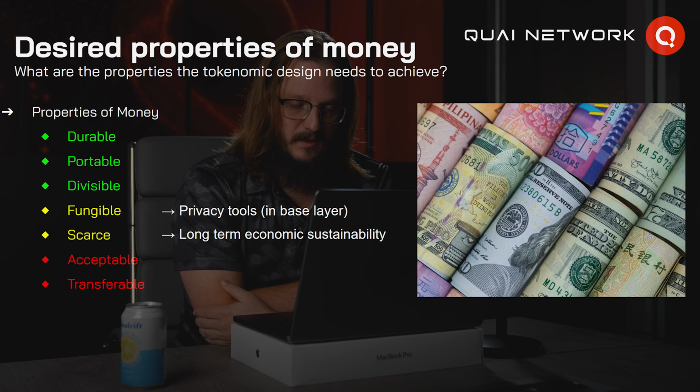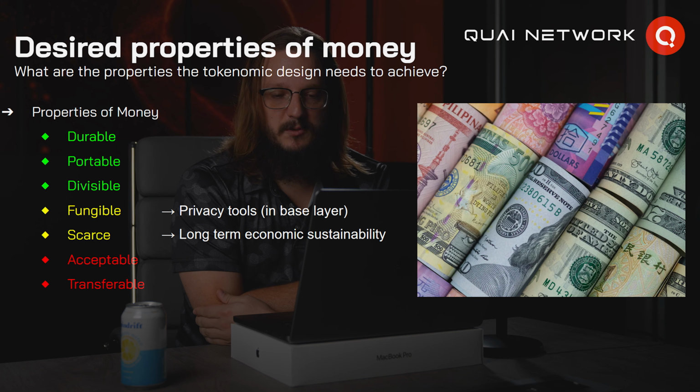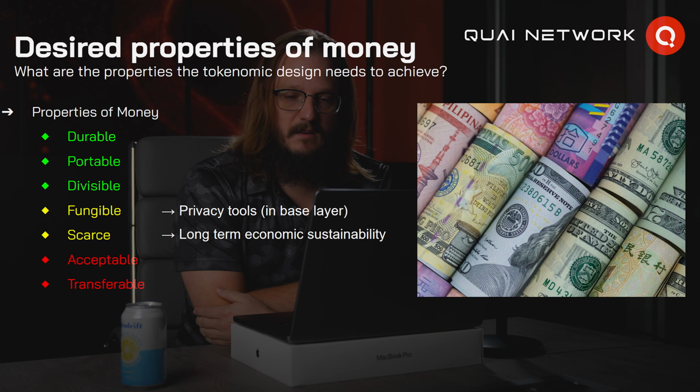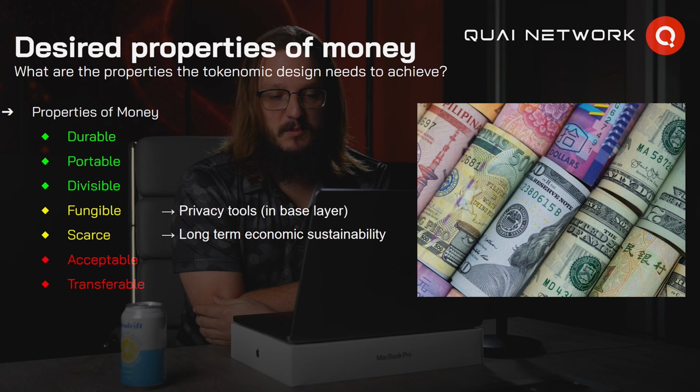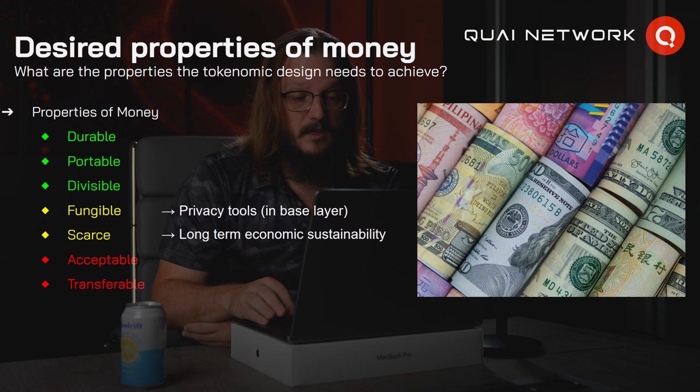With that, there are discussions that 21 million might not actually be 21 million, because given the economic model, that number may have to change to maintain security going forward. If you don't have a long-term sustainable economic model, your ability to maintain a scarce economic distribution comes into question.